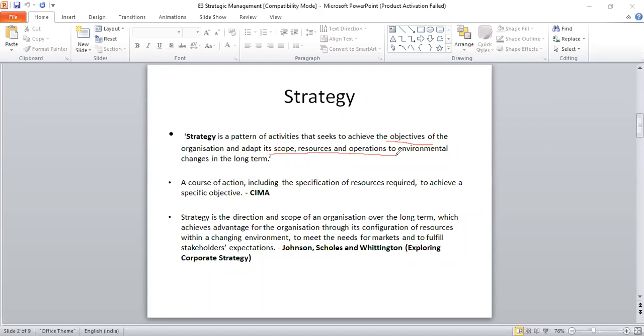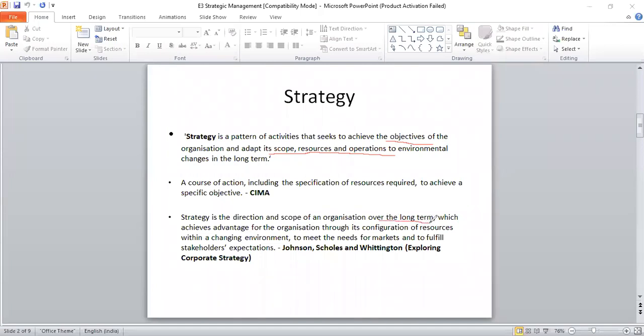There's another definition given in the study material by Johnson, Scholes, and Whittington. Strategy is defined here as the direction and scope of an organization over the long term. So the period of time is mentioned as long term.